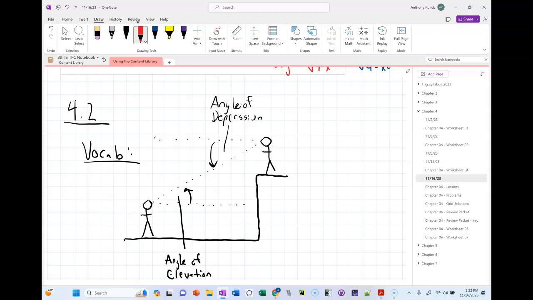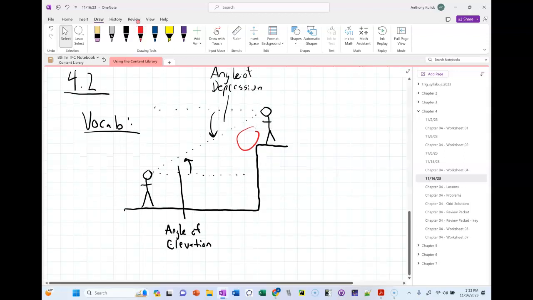Now, the thing to remember with these angles of elevation and depression is these angles are always in between the two lines of sight. The most common mistake students make is they want to put their angle of depression here. Is that in between two lines of sight? No, it does not go there. That will be wrong. You'll get the wrong answer because your picture will be wrong.